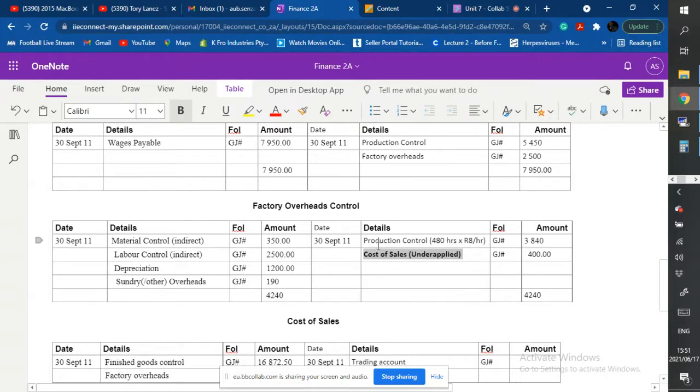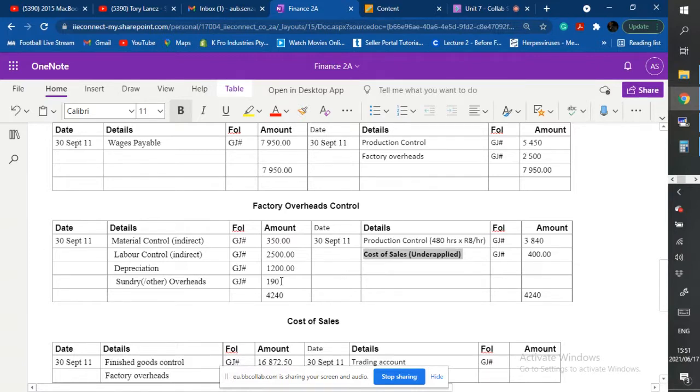So can you see how, since what we budgeted is actually less than what we actually incurred, the 4,240 versus 3,840, there's a difference. So that means that we underapplied. So we need to debit our cost of sales. Remember, cost of sales is an expense. It increases on the debit side, decreases on the credit side.